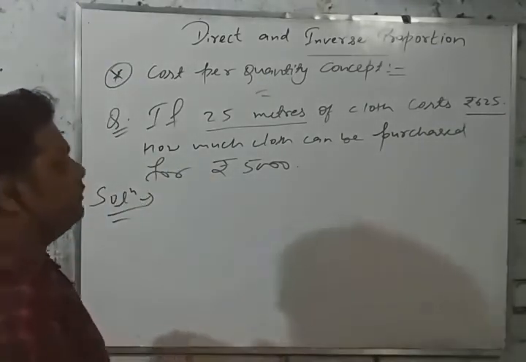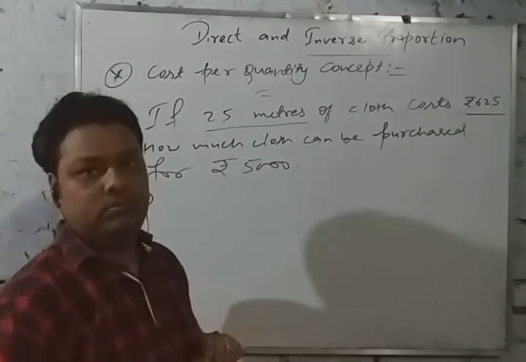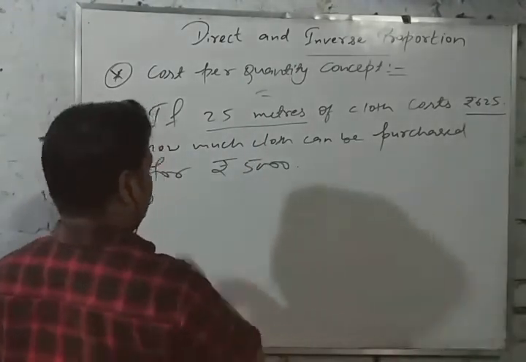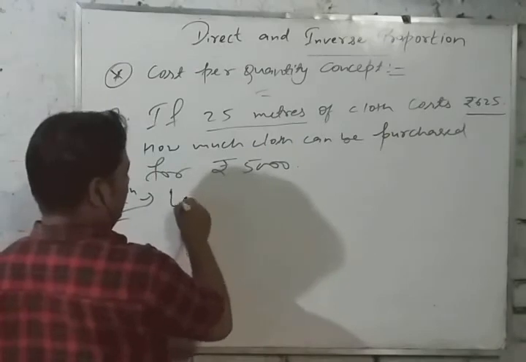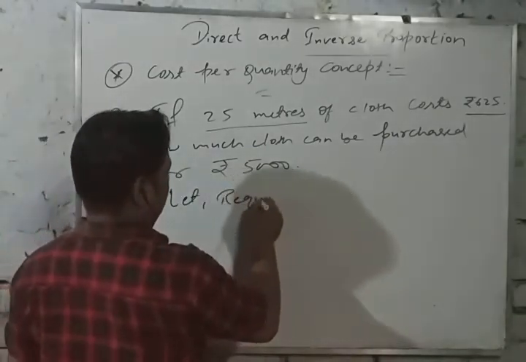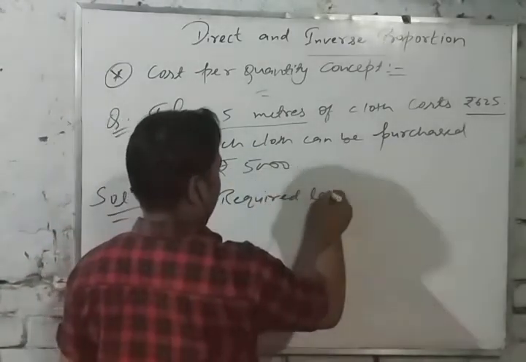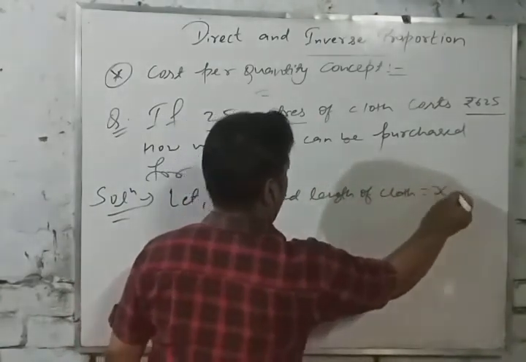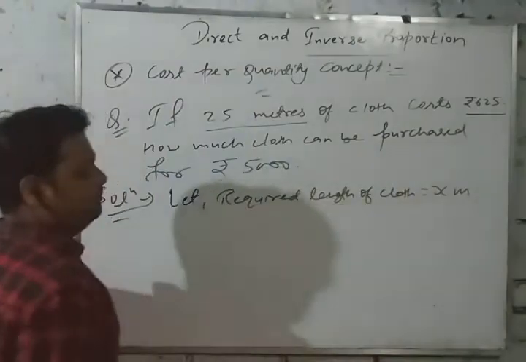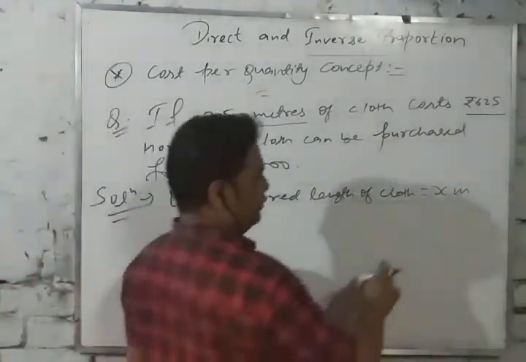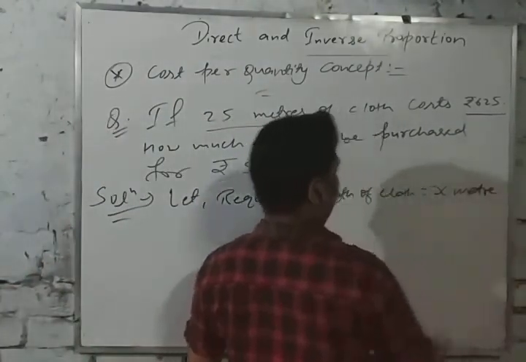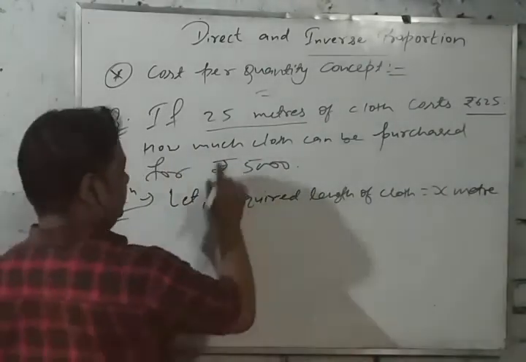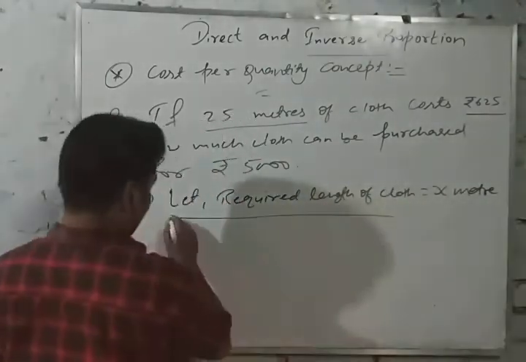We have to find how much cloth, that is, the length of the cloth. So we will write: let the required length of cloth be x meters. Now after that we will make a box here.